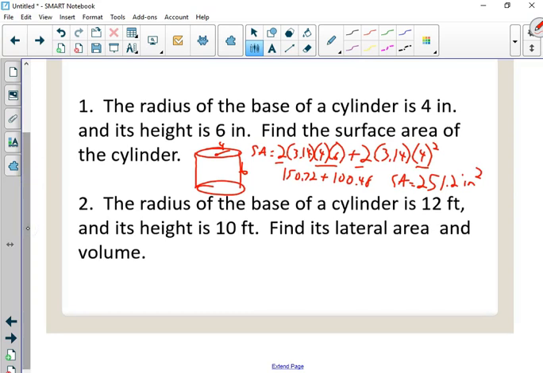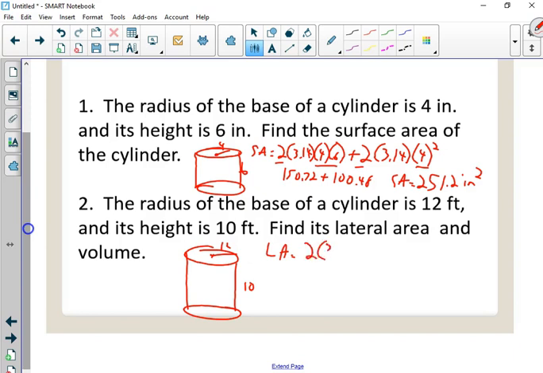Okay, the radius of the base of the circle is 12 feet. The height is 10. Find its lateral area and volume. Well, lateral area, remember that first part, 2 pi rh.